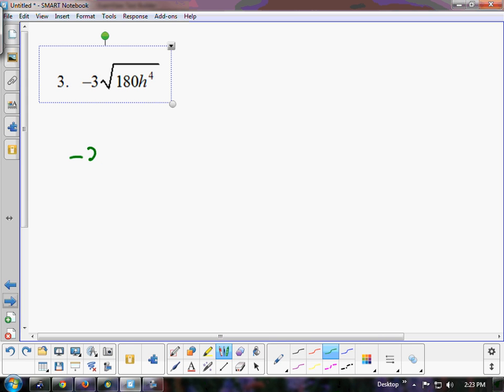It's a little bit more complicated. I have negative 3 times the square root of 180 times the square root of h to the 4th power. Well, we could try this one a little bit differently.